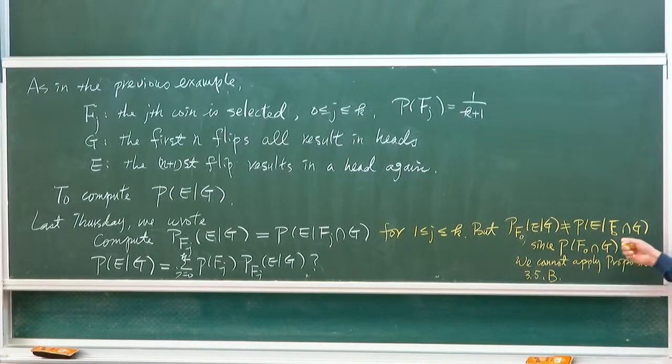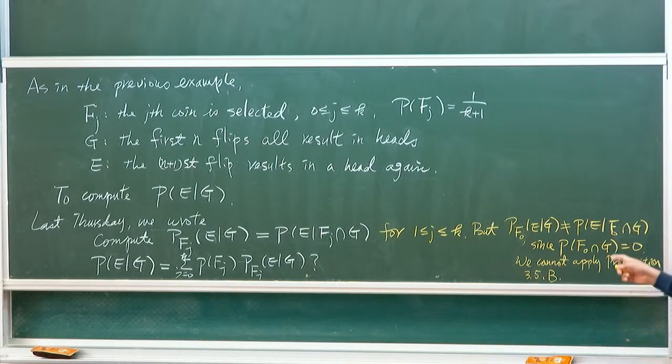Okay, but when j equals 0, this joint event has 0 probability. Why? Because when the zeroth coin is selected, then the probability to have a head is 0. Remember, right? This probability is 0.